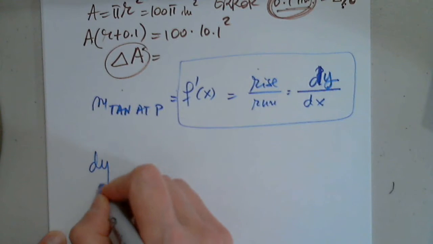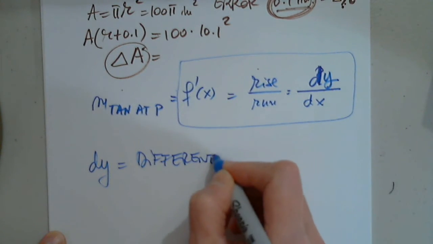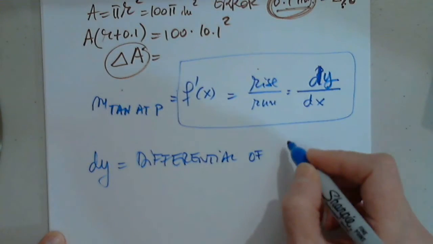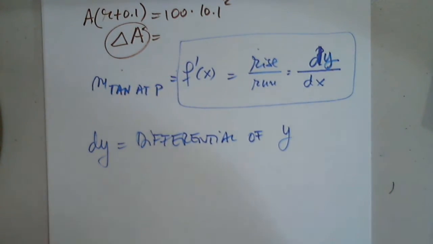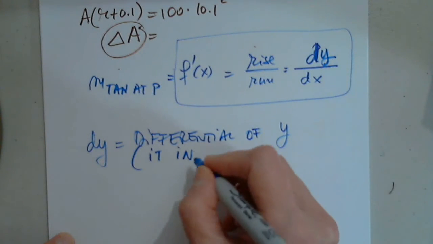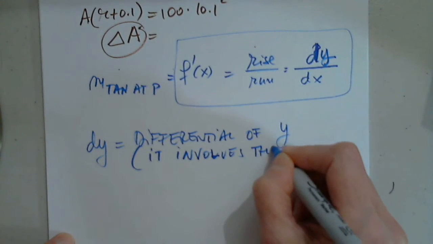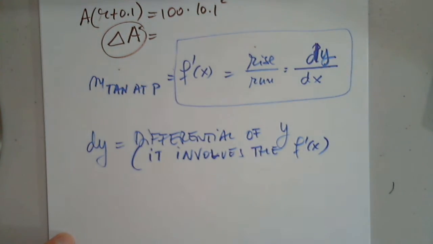So dy is the differential of y or the function. What does that mean? It involves the derivatives. The derivative. The f prime.